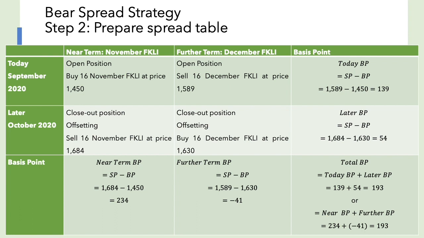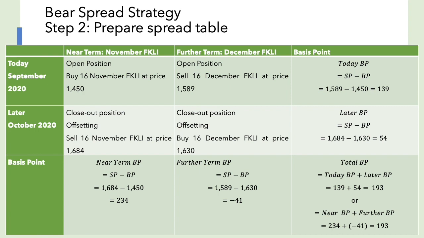So for November FKLI, you start with buy, then you close out with sell: you buy 16 November FKLI, then sell 16 November FKLI. For the further term, which is the December contract, you start by selling 16 contracts at price 1589, then to close out, you take the opposite position, buying 16 December FKLI at price 1630.